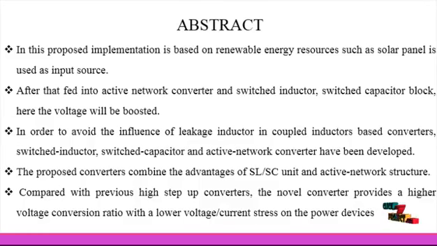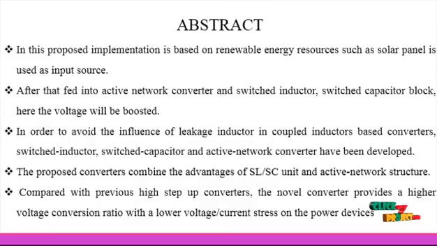The proposed converters combine the advantages of the SL, SC unit and the active network converter. Compared with the previous high step up converters, the novel converter provides a higher voltage conversion ratio with lower voltage and current stress on the power devices.